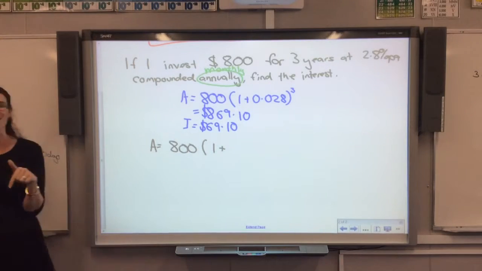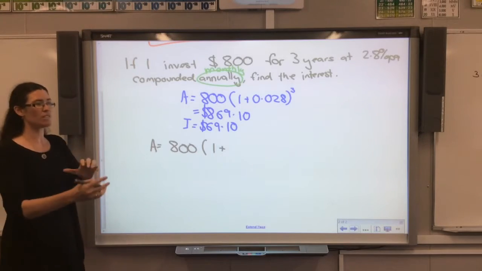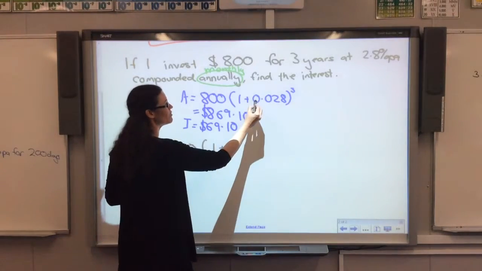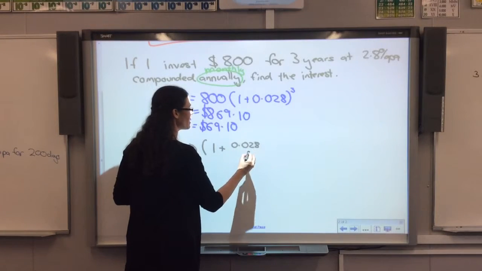What about my R? My interest rate is for a whole year. I can only do 1 month at a time. So what am I going to divide by? 12. Because you would only get 1/12 of the interest each month. So instead of having 0.028, I have 0.028 divided by 12.